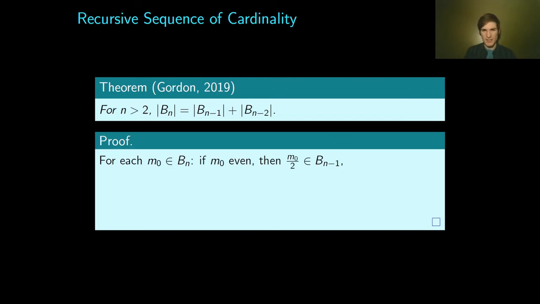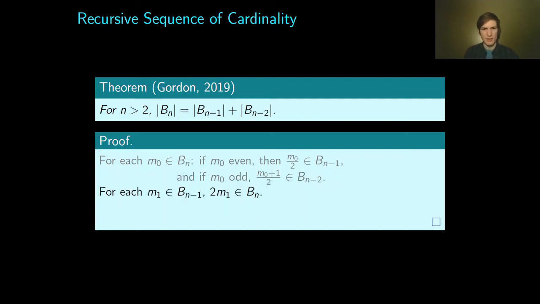So for each element in this big set B_n, if it's even, then we know that it's going to be divided by 2 and it will be in B_{n-1}. If it's odd, then it's going to be added with 1 and then divided by 2. And then that makes that expression exist in B_{n-2}.